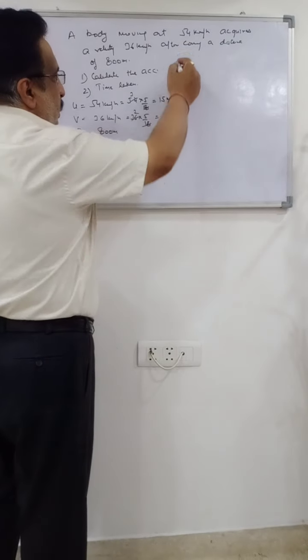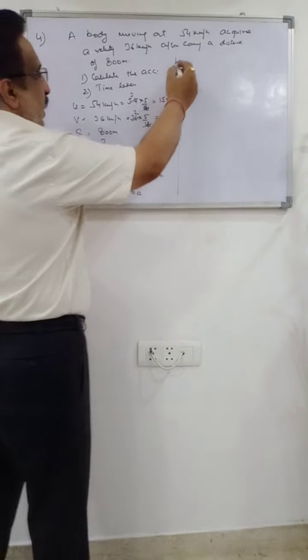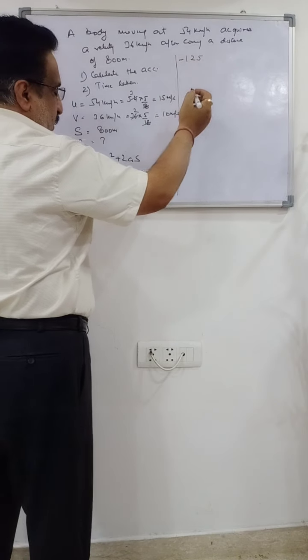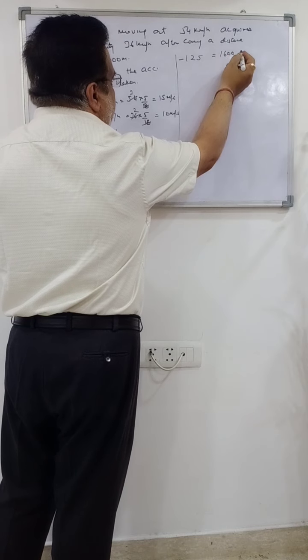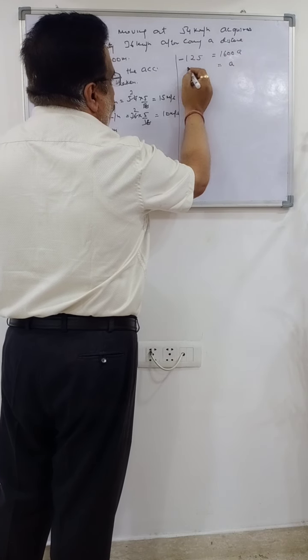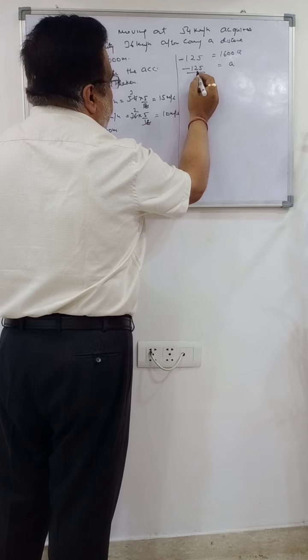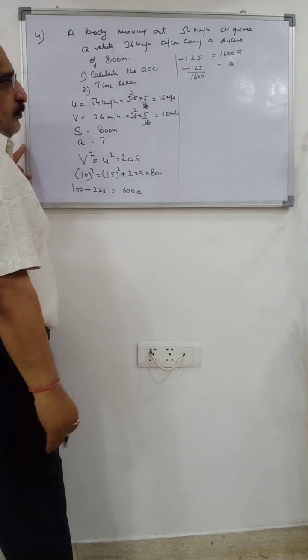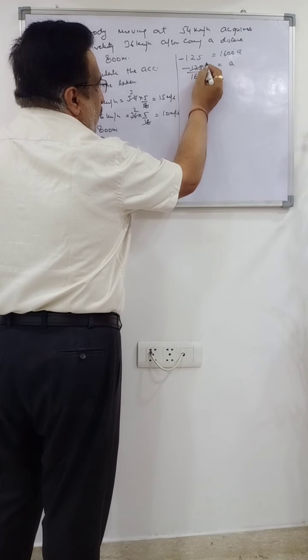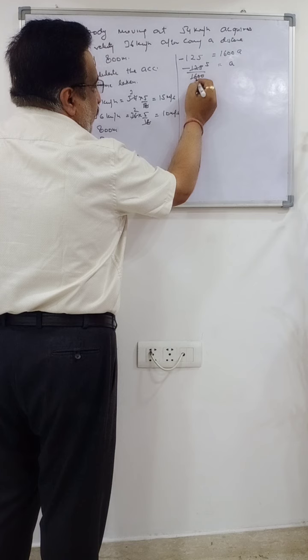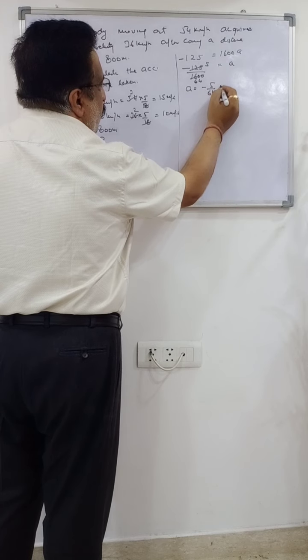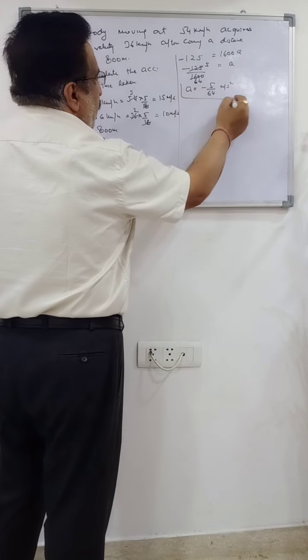So what does it come out to be? 125, इसको माइनस करेंगे with a minus sign. Minus 125 is equal to 1600A. So A is equal to minus 125 upon 1600. 25 5s are 125, 25 6s are 150, 25 4s are 100. So A is equal to minus 5 by 64 meter per second square.